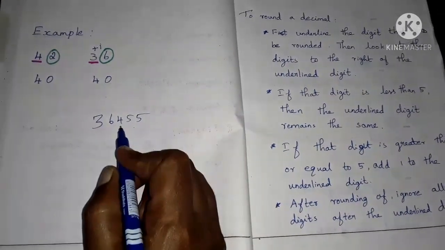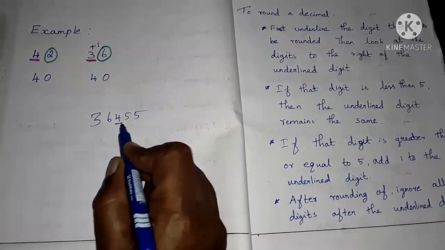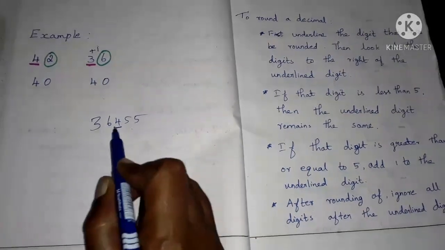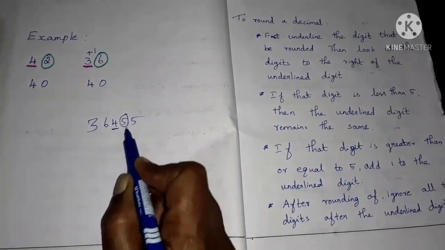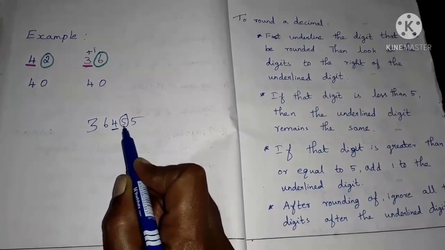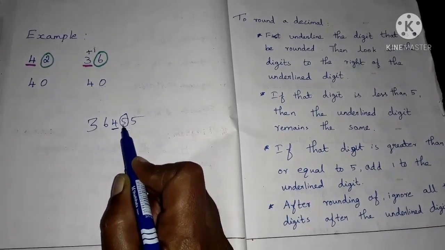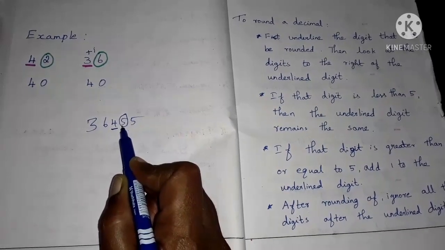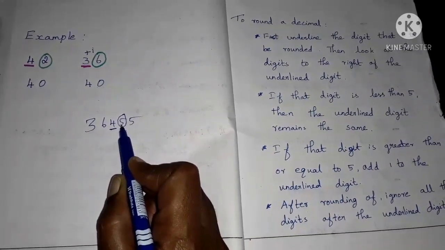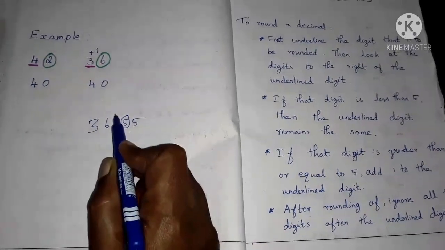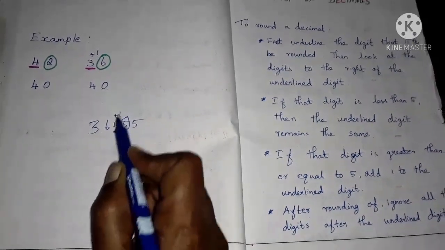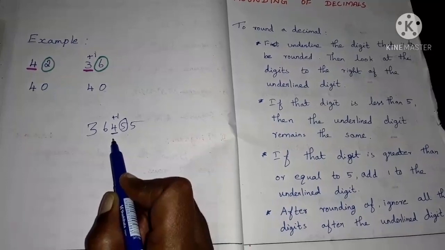Maybe it is 36,455, and now we want to round to the nearest 100. Underline the digit. Next I look at the digit on the right side. Is it less than 5 or greater than 5? It is 5, equal to 5. If it is equal to or greater than 5, we add 1 to the underlined digit.